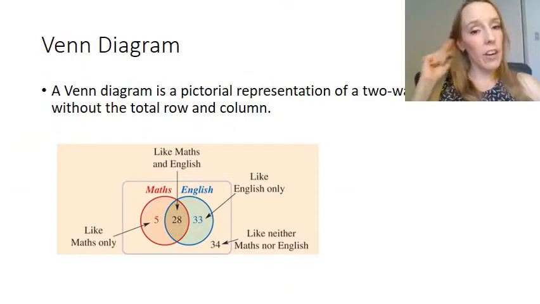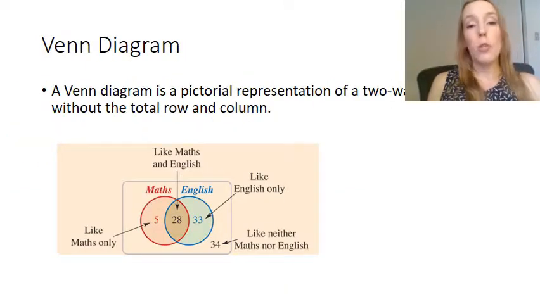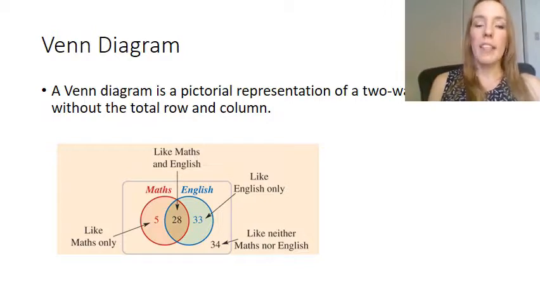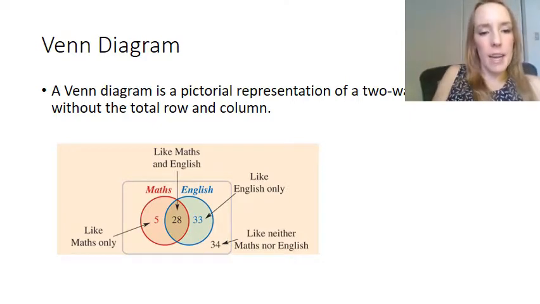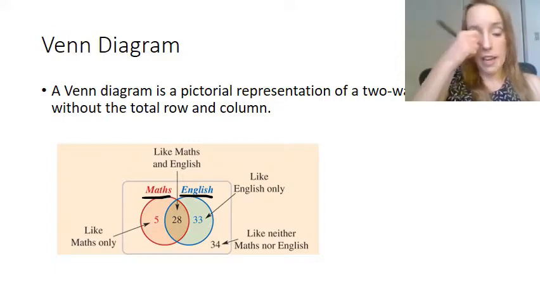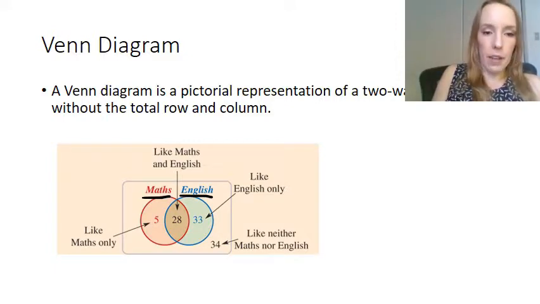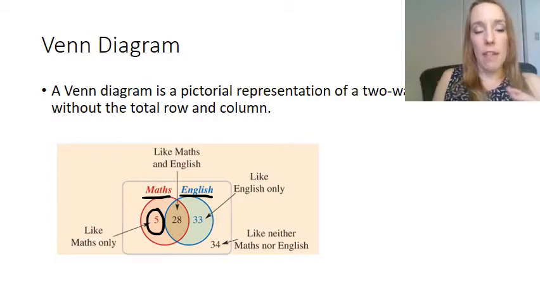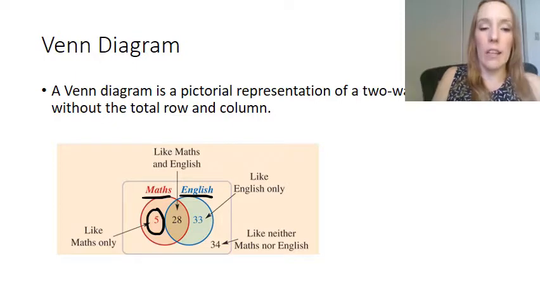Okay, so a Venn diagram. A Venn diagram is just a pictorial representation of a two-way table without the total rows or columns. So you can see here we have a circle in red which shows maths, and we've labelled it maths. A circle in blue which shows English, and we've labelled it English. So you can see here this number 5 is just in the maths circle, and that shows the students that only like maths.